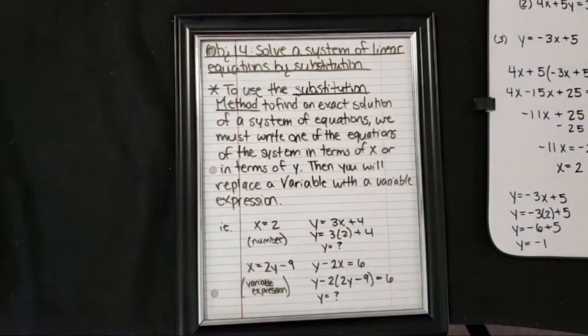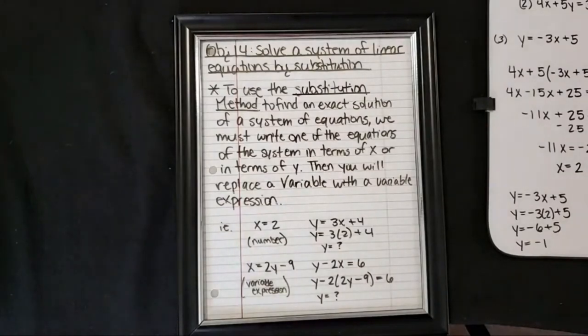To use the substitution method to find an exact solution of a system of equations, we must first write one of the equations in terms of x or y. Then we will have an equation that says x equals or y equals.